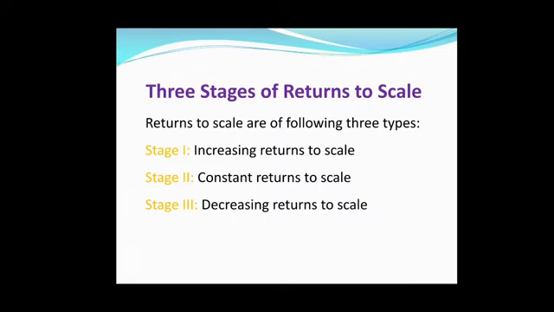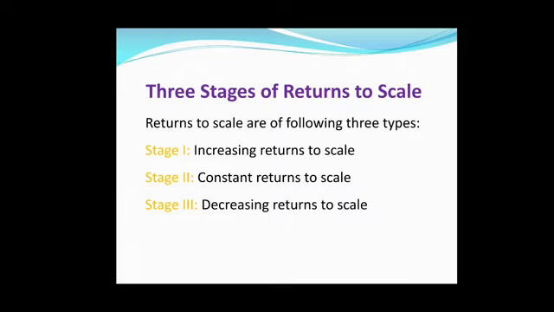This is the case of increasing returns to scale. Number second possibility is total output may increase proportionately, or we can say the increase in output is the same as the increase in factor inputs, and this is the situation of constant returns to scale.